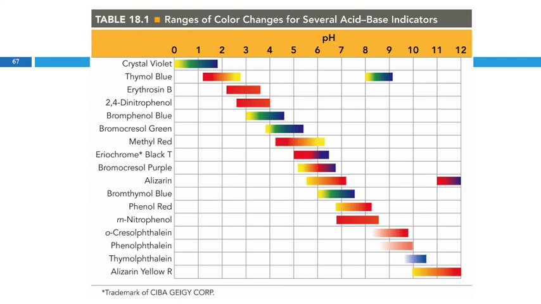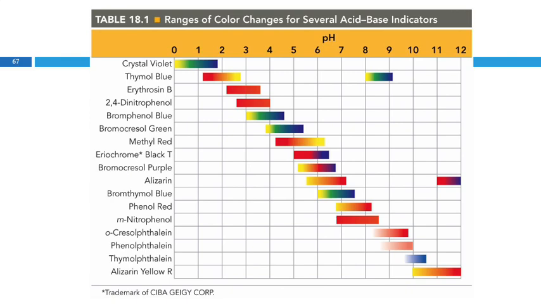So think back to Chem 1A, and you're titrating KHP with sodium hydroxide. What did you think the pH was at the equivalence point? 7, right? Was it 7? No, it was higher than 7.